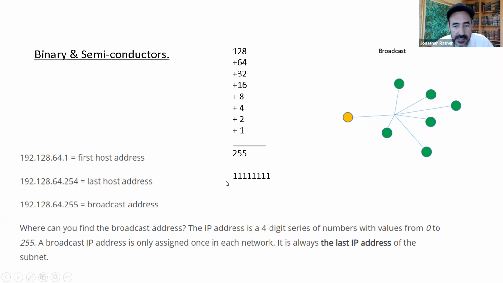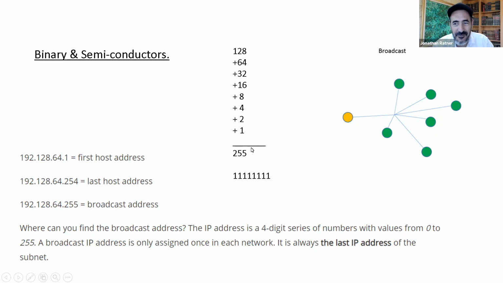If we had 9 places, that would be the 256 column, and it would be 1, 0, 0, 0, 0, 0, 0, 0, 0 for 256. So this number is 255, all ones in base 2. And that's why that's the highest number you can essentially get to here. And so it's the broadcast address, you're sending to everybody. So from 1, the first host address, to 254, that's the last host address. That's a particular host. And if you go to 255, you're broadcasting to everybody on the network.